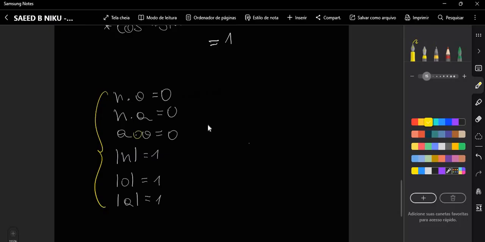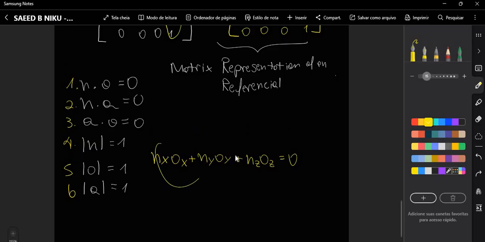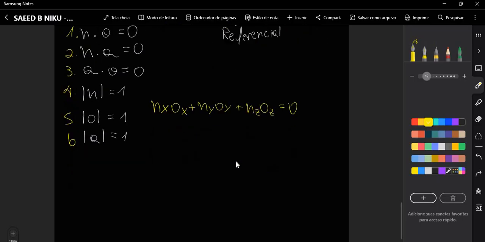This dot is not the operation of multiplication. Instead, it is the scalar product, as we saw. So what does that mean? Nx times Ox, Ny times Oy. We have this configuration right here, but this means the orthogonality that they make.